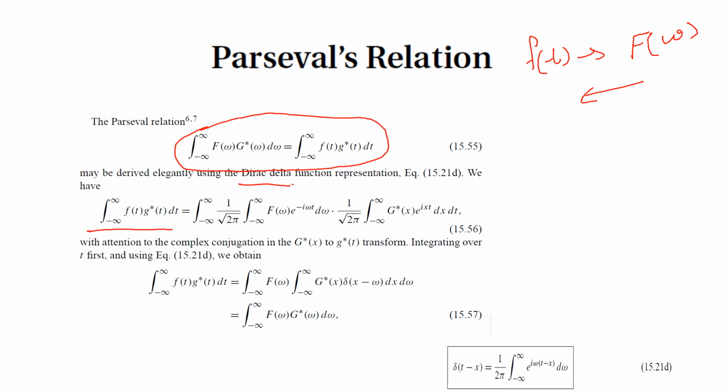So f of t can be written as the inverse Fourier transform of f of omega, and g star t can be written as the inverse Fourier transform of capital G star x with respect to x, and here it is with respect to t omega.